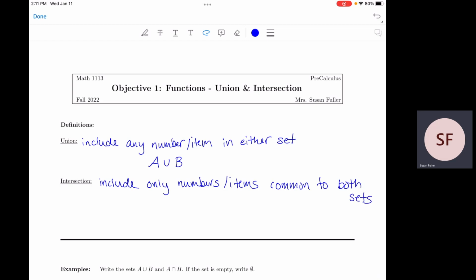So you'll only include a number in the intersection if it is in both A and B. The notation for this is A intersect B. Intersect is this upside down U here. Again, it must be in set A by itself and in set B by itself to be included in the intersection. This is the overlap. That's another way to think about it: the overlap between the two sets.